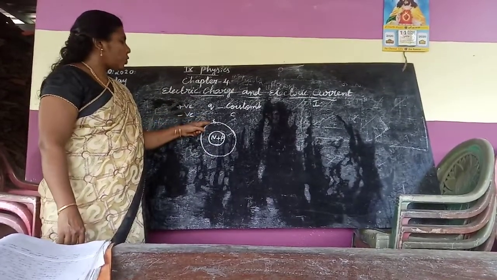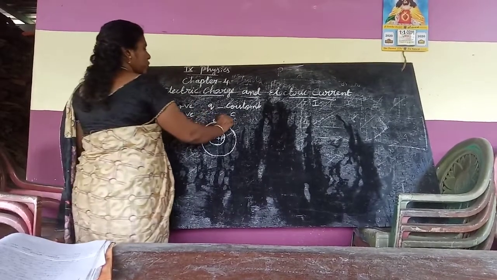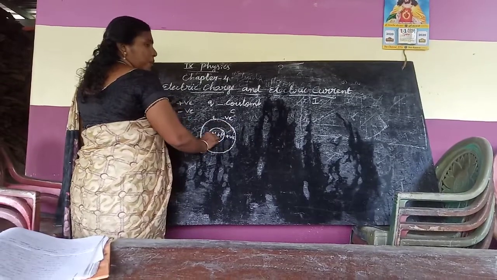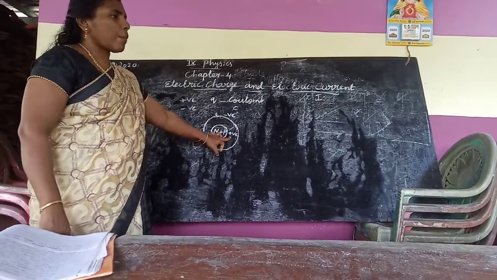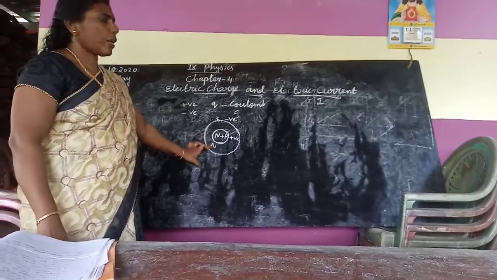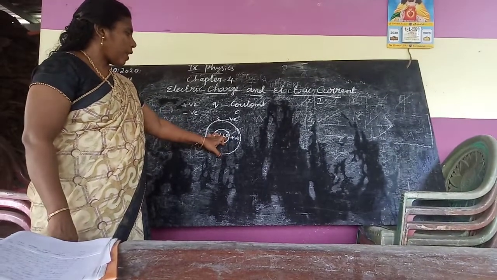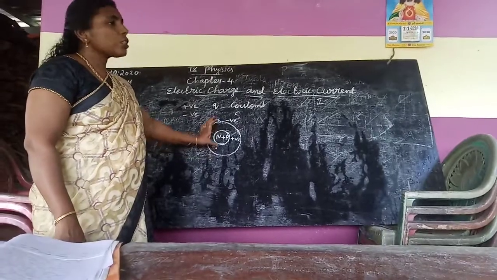Electron means negative charge. Proton means positive charge. Neutron means neutral charge. So here 3 charges are there: positive, negative and neutral. The positive charge is called protons, the negative charge electrons, the neutral charge neutrons.